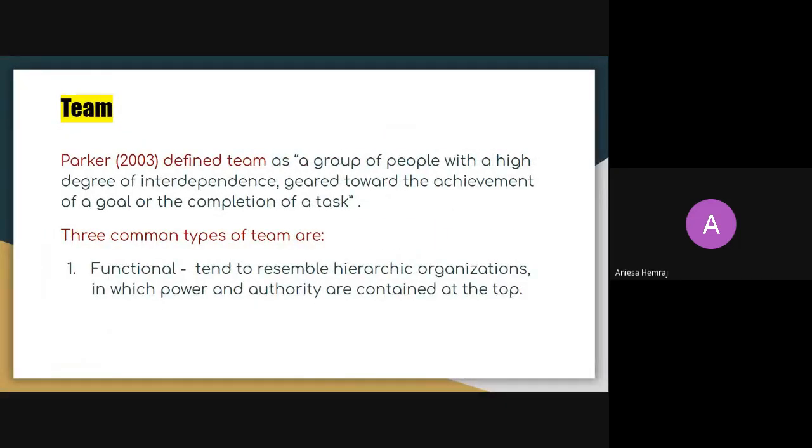Parker defines a team as a group of people with a high degree of interdependence geared towards the achievement of a goal or completion of a task. So there are three common types of teams. The first one is a functional team, which tends to resemble a hierarchic organization in which power and authority are contained at the top.